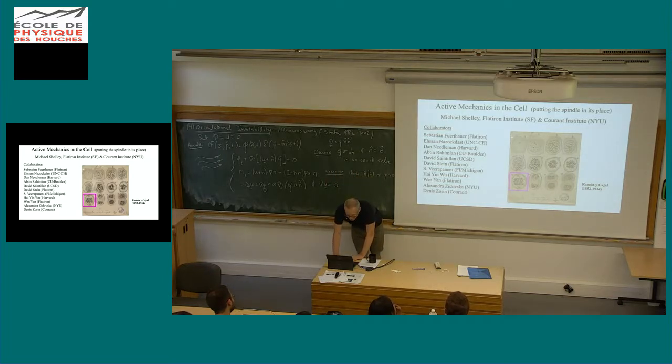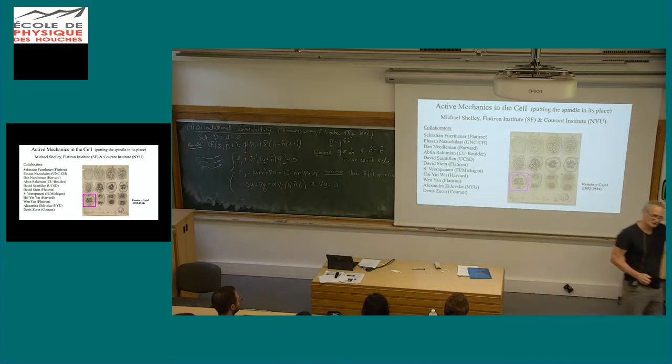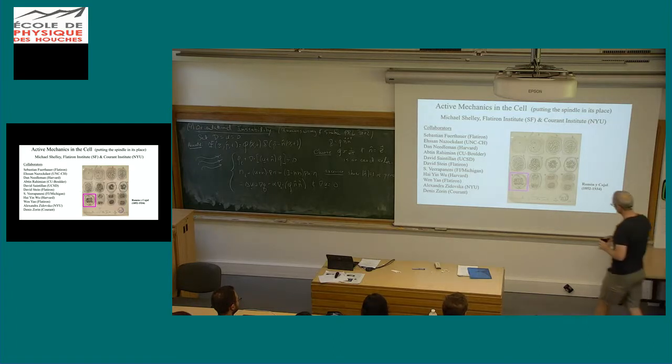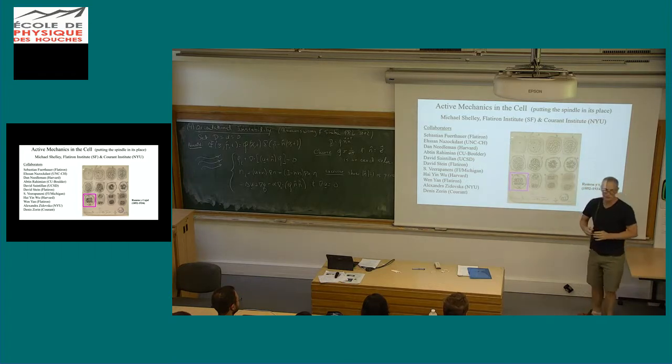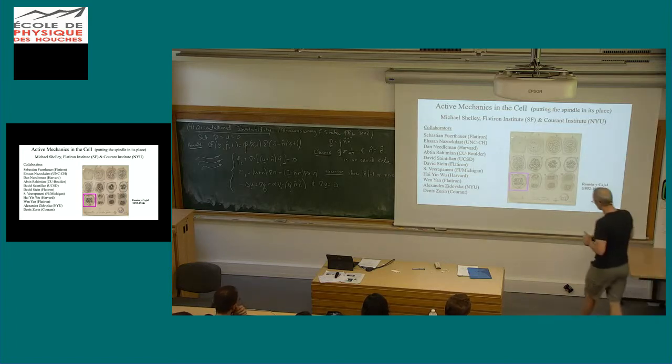Okay, so I think probably a good many of us have seen these very famous drawings by Ramon Cajal, who would draw the processes of neurons, right? Really beautiful drawings. It turned out he did a little bit of work on drawing mitosis, which is the process that goes on as you go into the first cell division.